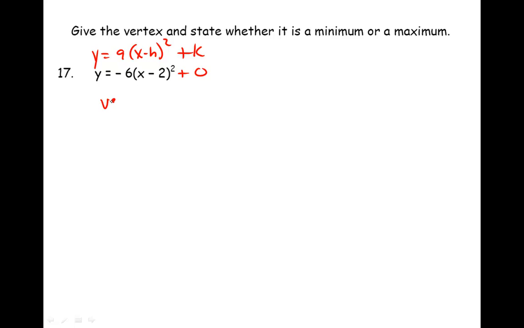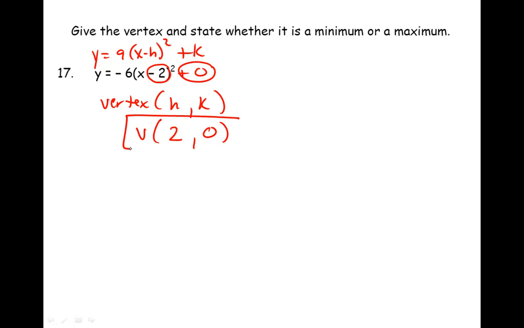So my vertex in vertex form is h, k. In this particular case, I need to think opposite. The opposite of negative 2 is positive 2. So the x value of my vertex is positive 2, and the y value, which is k, is going to be 0. So the vertex of this particular equation is 2, 0.